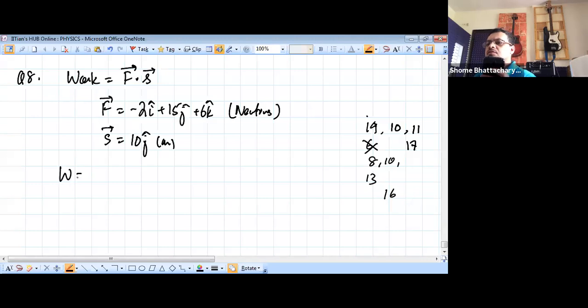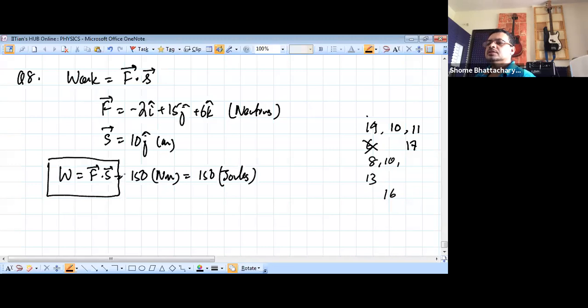So work done will become the dot product of these two, which will become 150 newton meters, okay, or that is 150 joules. So this is a definition we will see in a lot of detail later in a chapter called work, power, energy. But for now, you can just note down this one formula, that work done is defined as the dot product of force and displacement.